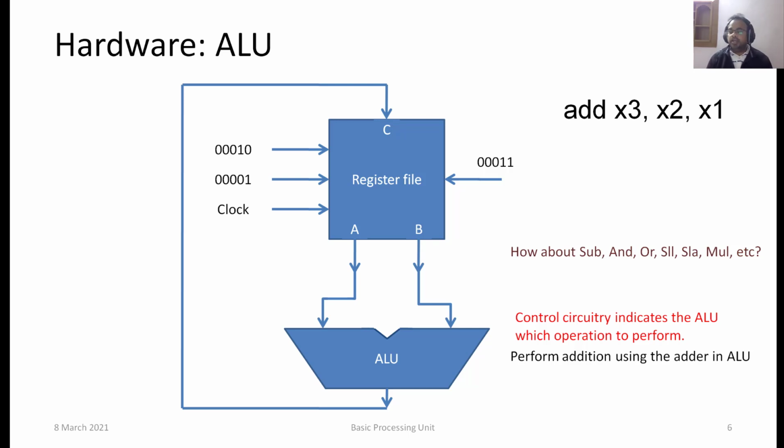How does it do that? In the decode stage, it looks at the opcode, function 3, and function 7 values, and it determines which operation needs to be performed, and it gives appropriate signals to the ALU, right?